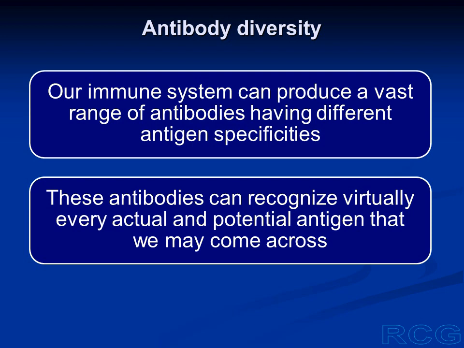For example, synthetic chemicals which are not yet synthesized, which may be synthesized in future, but our antibodies are ready to recognize even such antigens which do not exist as yet. So this diversity is huge.